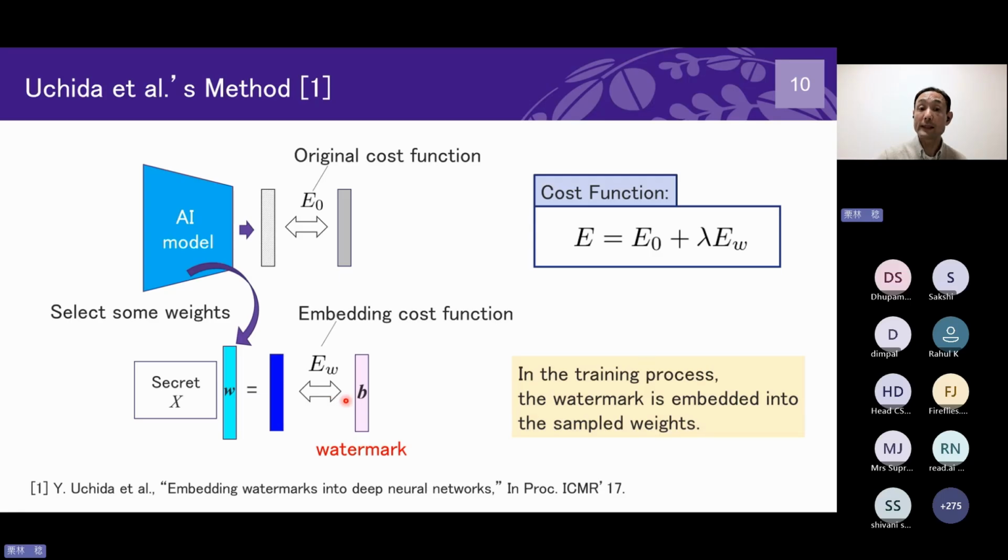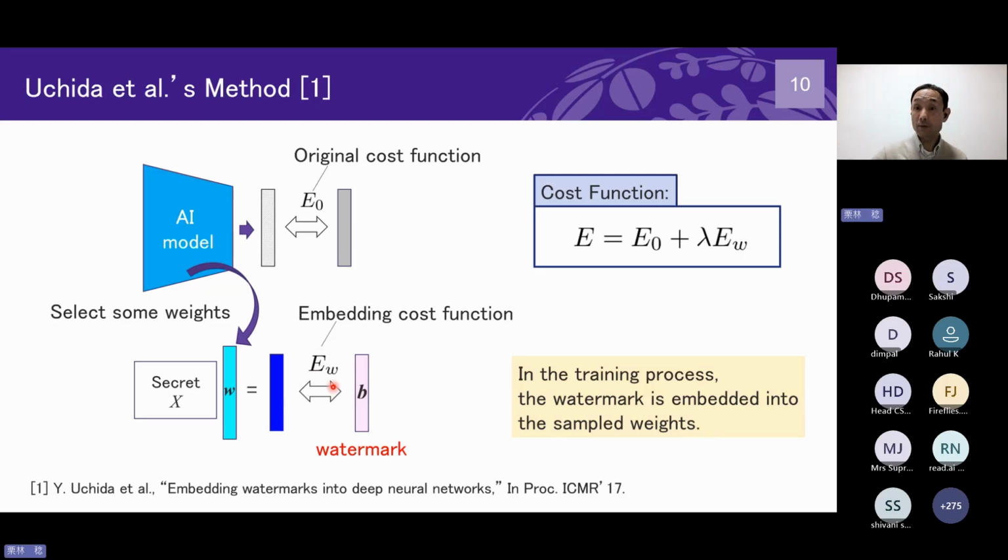Then it introduces the embedding cost function. In the training, the weight parameters are updated so that the difference between this group of parameters' output and the watermark sequence becomes small. The difference should be 0. So this is the embedding cost function.